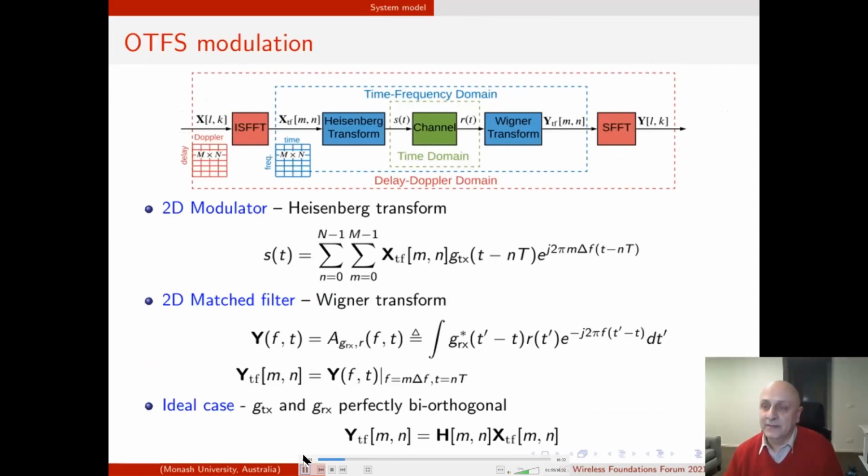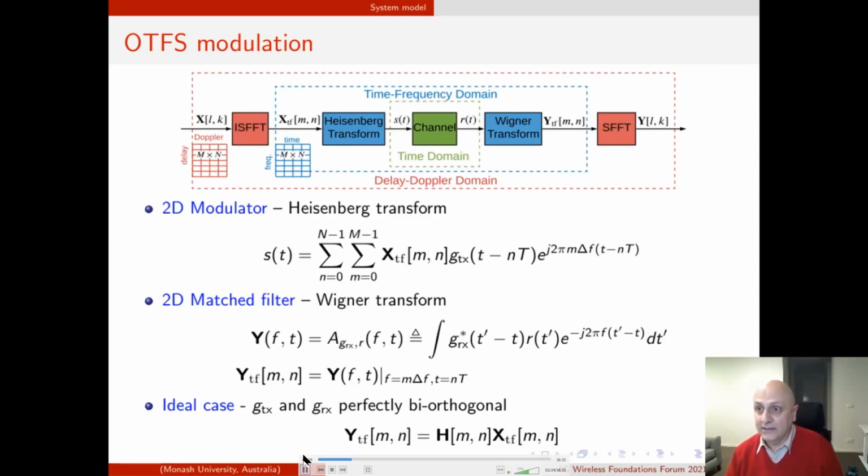Now, the principle of operation of OTFS is represented by the following blocks. The delay-Doppler plane is transformed by a two-dimensional inverse symplectic Fourier transform to the time-frequency plane. The time-frequency plane is then converted to a time domain signal and transmitted over the channel.